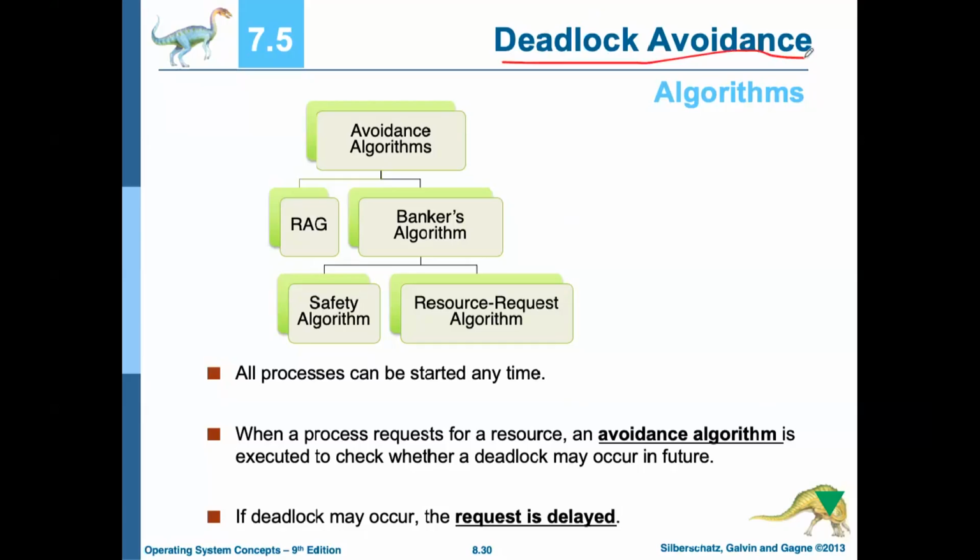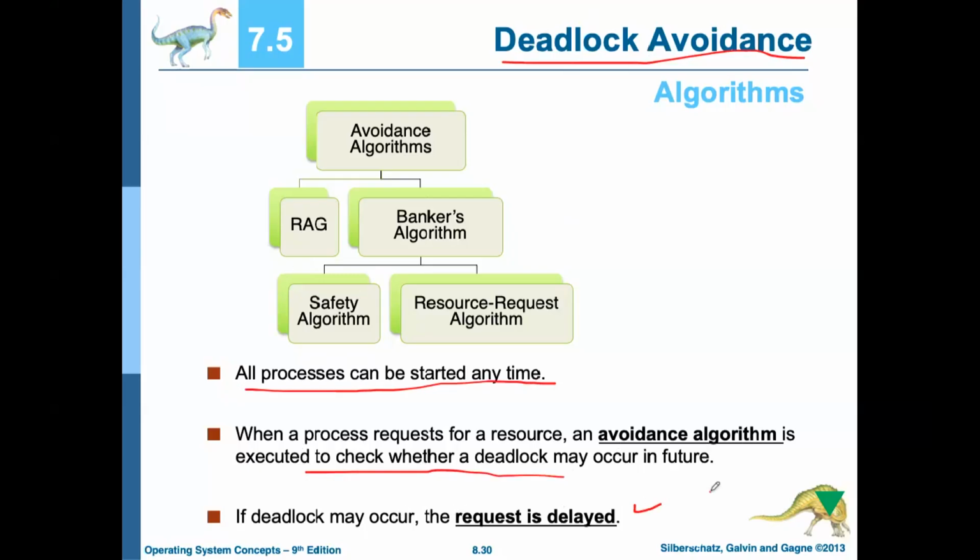Here all processes can be started anytime. When a process requests a resource, the algorithm is executed to check whether a deadlock may occur in the future. If deadlock may occur, the request is delayed.